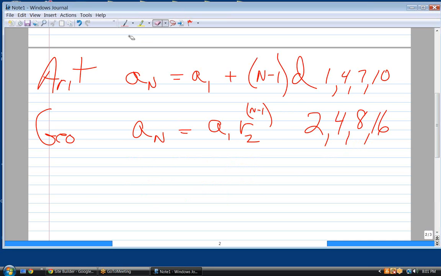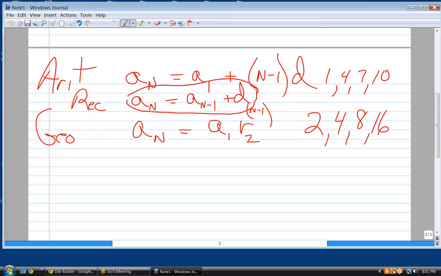So for this one, it's in the same section, but it doesn't use those formulas. It's write the first 5 terms of the sequence defined recursively. Recursively means that you're going to define the term based on the previous term plus d. So there's the recursive definition of an arithmetic series.